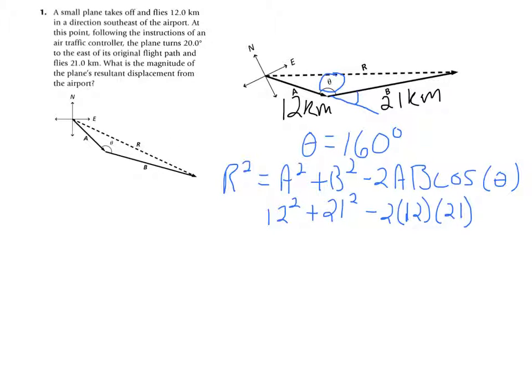That's going to get really small in there, cosine 160. And we'll very quickly go through and do some of the math.